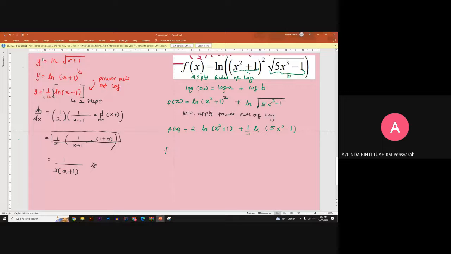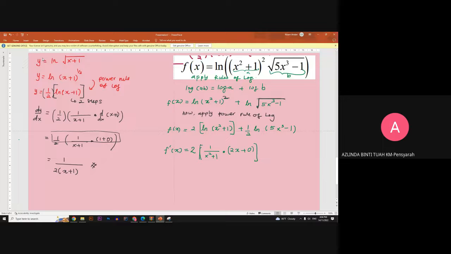Start to differentiate. Differentiate f is f prime. Okay, so 2 is a constant, leave it there, not affected. Now we will differentiate ln with 2 steps. 1 over the function times differentiate x squared is 2x plus differentiate 1 is 0.